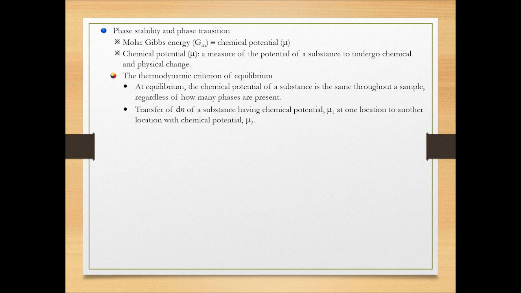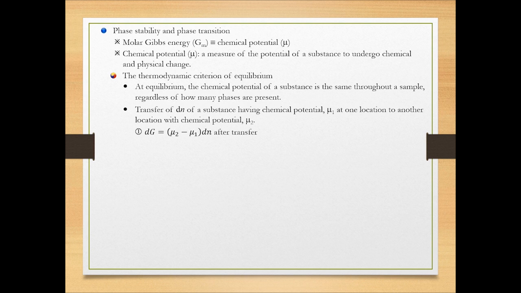The infinitesimal quantity dn represents the amount of n lost at the first location and simultaneously gained at the second location. The resulting change in Gibbs free energy, dG, due to this transfer is expressed as dG equals (mu2 minus mu1) times dn. This equation highlights the relationship between the differences in chemical potential and the tendency for material to transfer between locations.